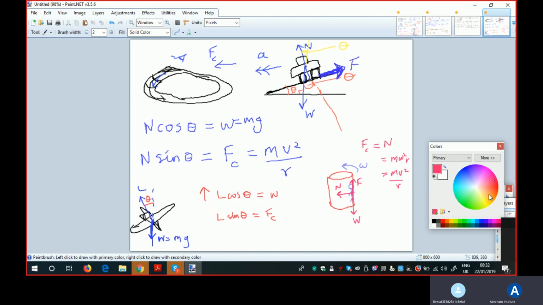When the angular speed or the tangential speed increases, the normal contact force, or the centripetal force in this example, increases. When the centripetal force or the normal contact force increases, then the frictional force also increases.